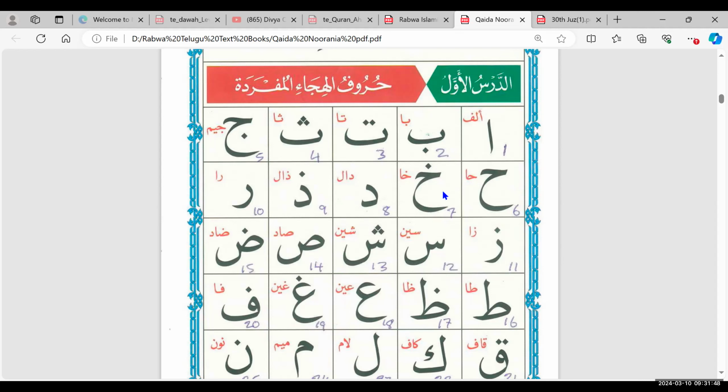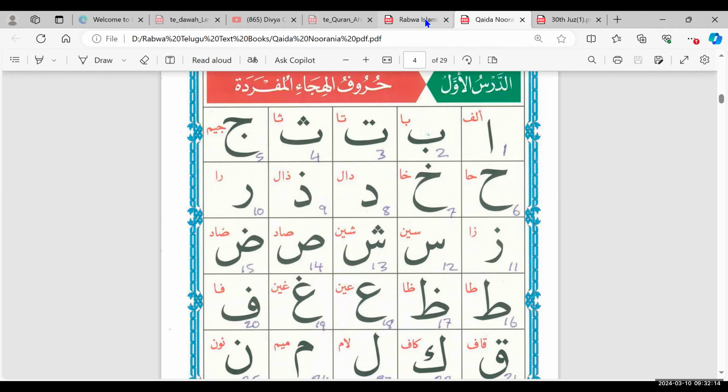Without haraka it has to be prolonged, but with haraka it will not be prolonged, right? With mad, it has to be prolonged. With haraka it will not be prolonged, but without haraka, when it is pronounced as a single letter, then it will be pronounced with prolongation, in the Huroof Muqattat.